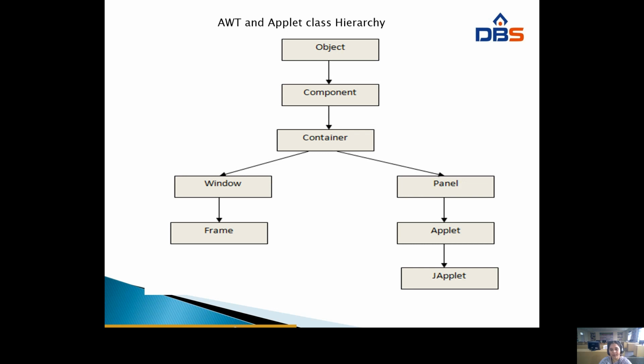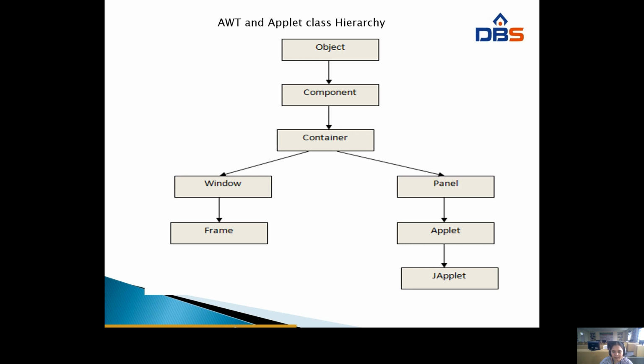So this applet package contains different types of other classes and interfaces. Now this is the hierarchy of the applet class. So you need to remember this. This is very important. This is the object class, and it also has the component class.